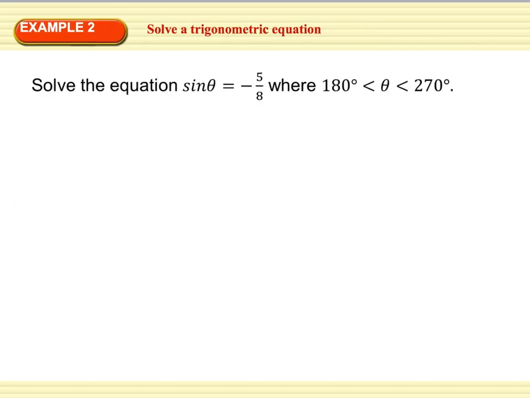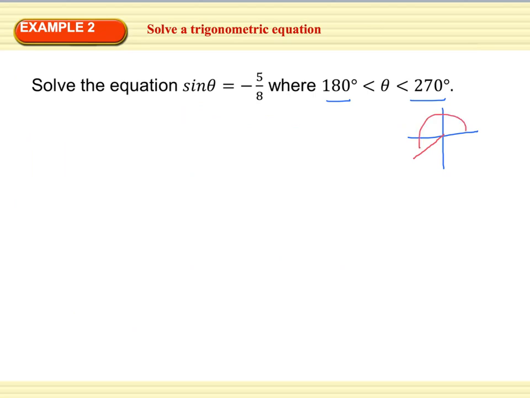Now for example 2, we're told that we have to solve the equation given that sine theta equals -5/8, where we're going to be looking at angles between 180 degrees and 270. So again, we're going to start out with a little sketch. If we're looking between 180 degrees and 270, that means that we're looking at the angle that's coming down into this quadrant.